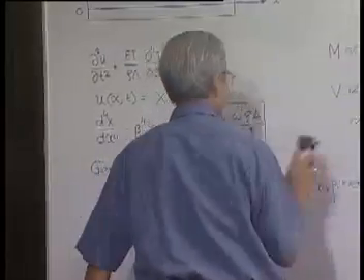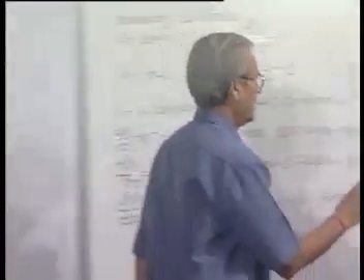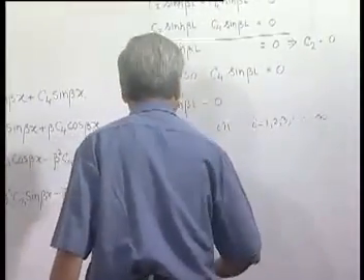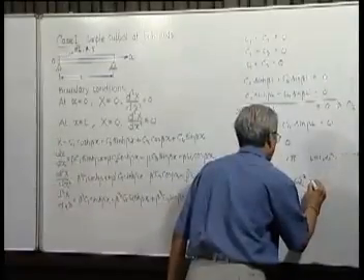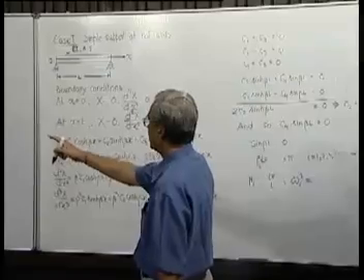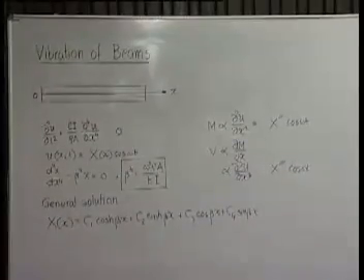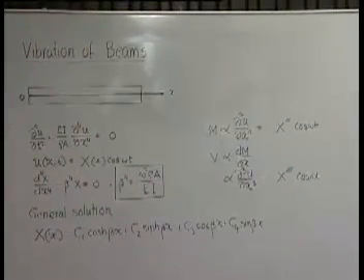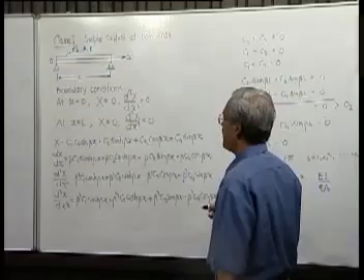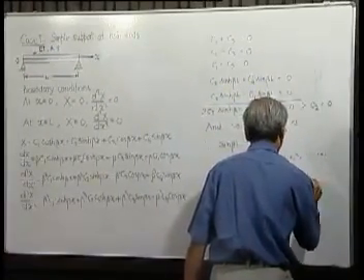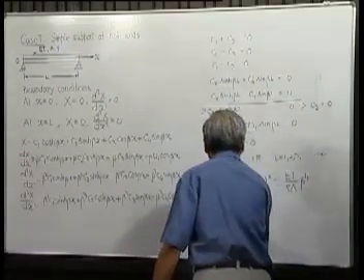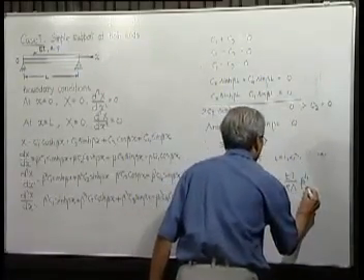So from this, if we know the beta I, now we know that omega I square is equal to, from that equation, EI by rho A into beta I to the power 4.